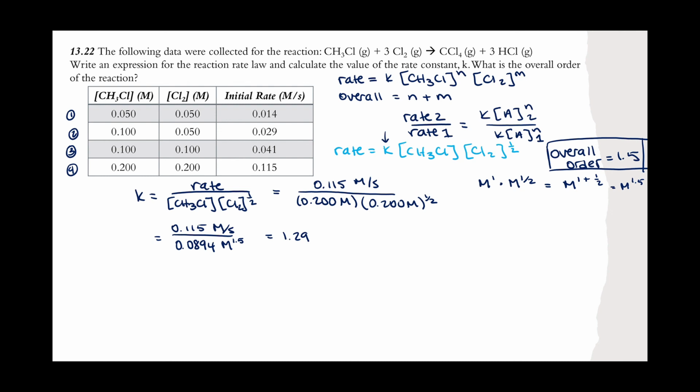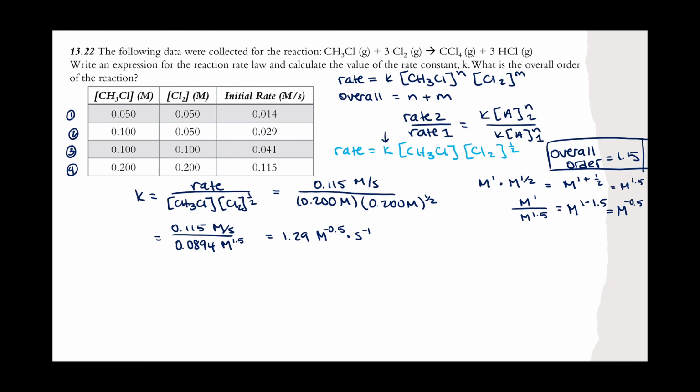For our units, when we divide units, in this case we're dividing M to the first power by M to the 1.5 power, we subtract the exponents. Doing so gives us an answer of 1.29 molarity to the negative 0.5 times inverse seconds.